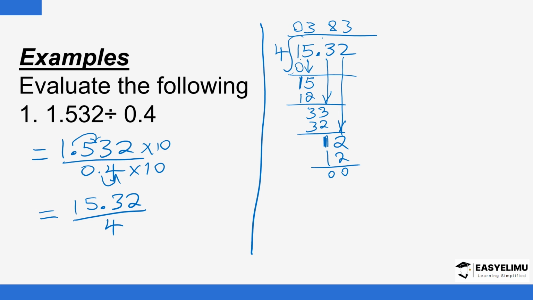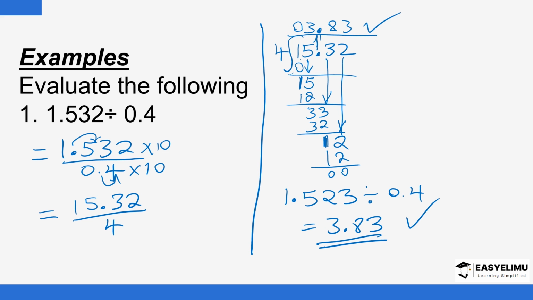So this is even. And then the decimal point jumps up there. So it's 0, 3 point. The first 0 here does not really count, so you can ignore it. So what it means is that 1.532, when you divide it by 0.4, the answer is equal to not 0 point, but 3.83.